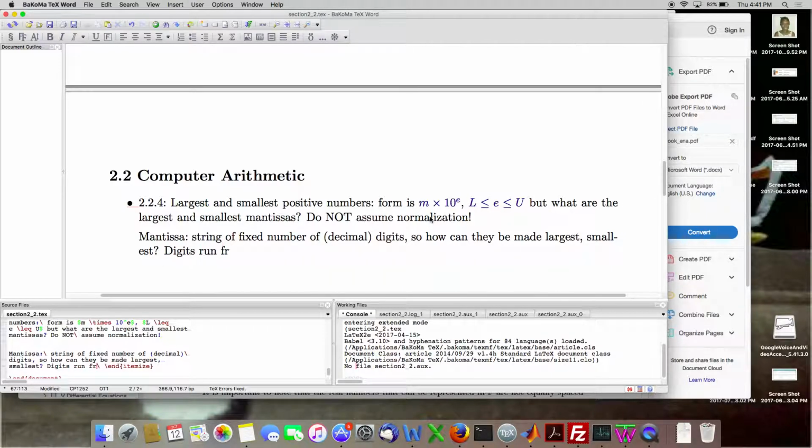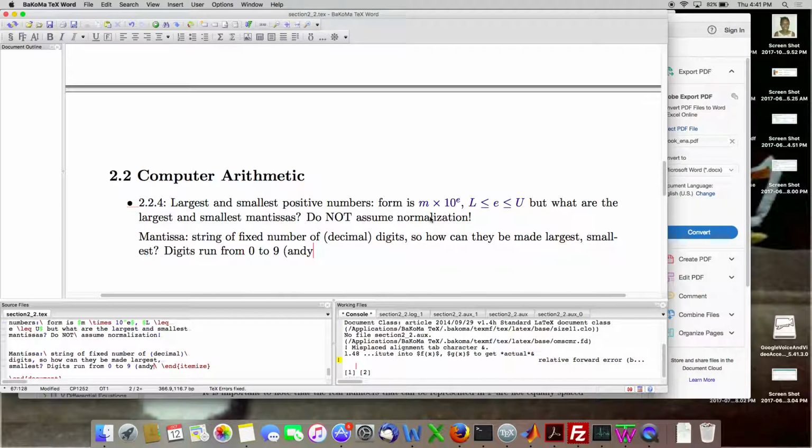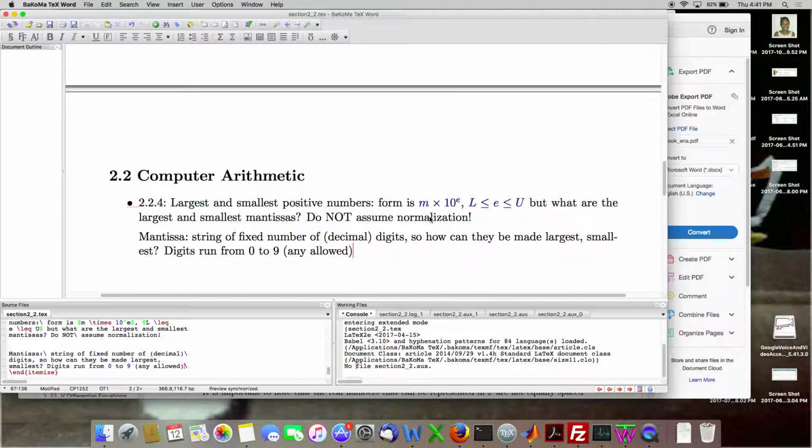Digits run from 0 to 9, and any of these digits are allowed. Because we're not normalizing, think of it as having, since p equals 5 in this problem, 5 spots. You're putting a digit in each spot. Those digits are allowed to be any number from 0 to 9. The only constraint here is it has to be positive, so you can't fill your mantissa with all zeros. Other than what I've just said, there's no other limitation.